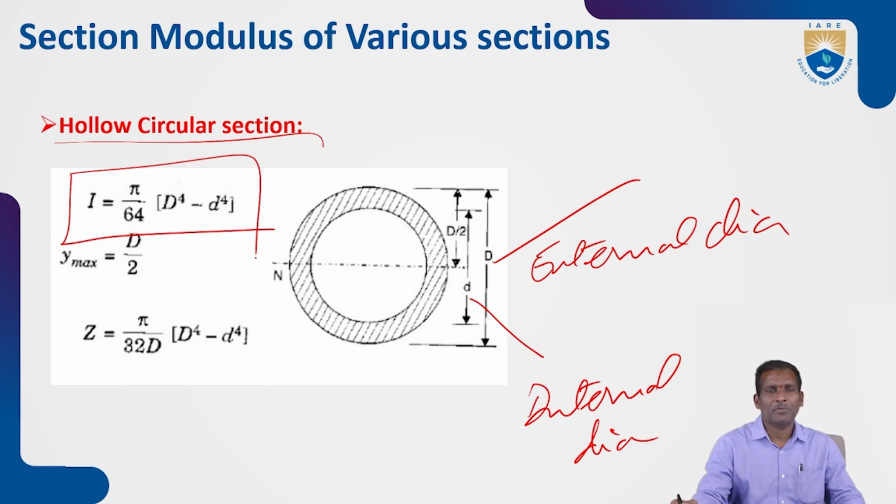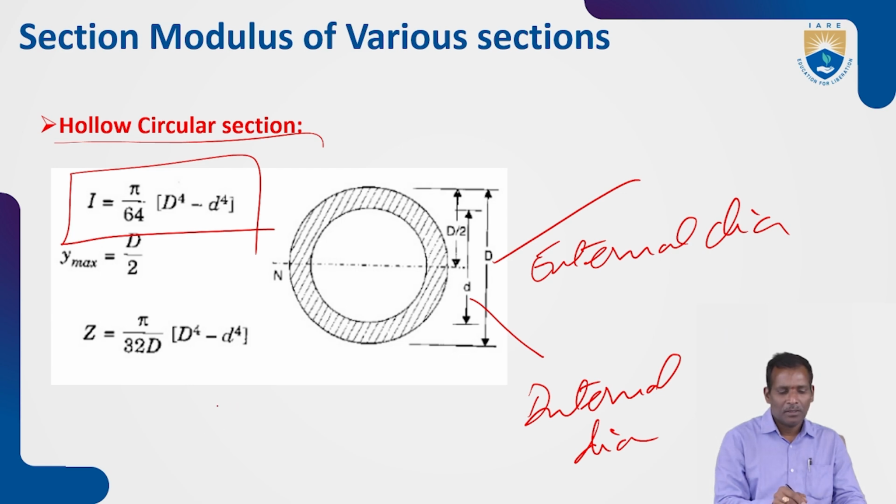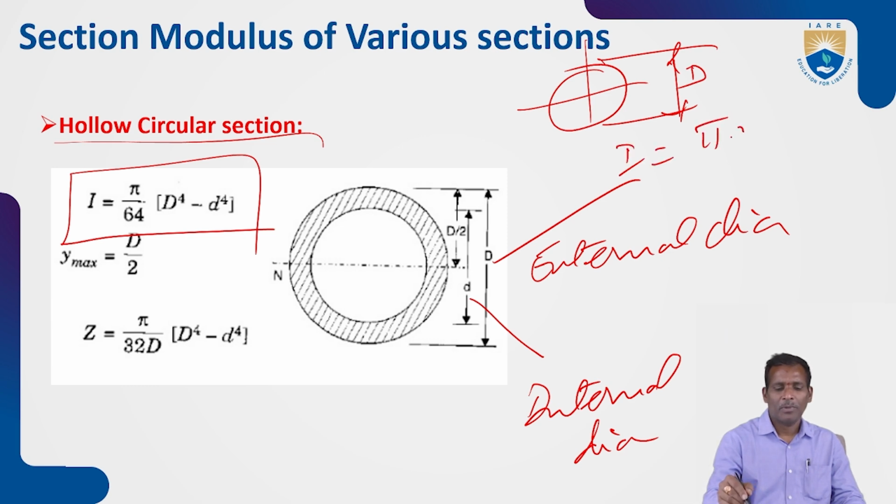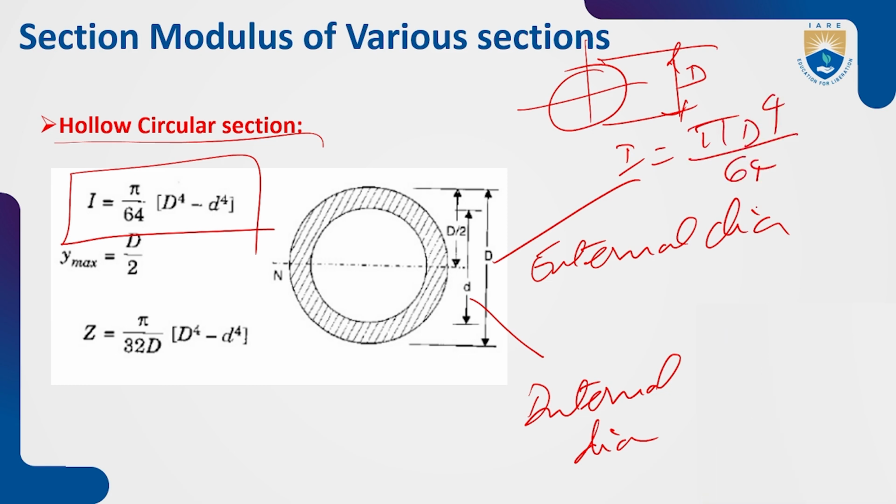I is pi by 64 multiplied by capital D to the power of 4 minus small d to the power of 4. For a solid circular shaft, having only diameter d, the moment of inertia is pi d to the power of 4 by 64.